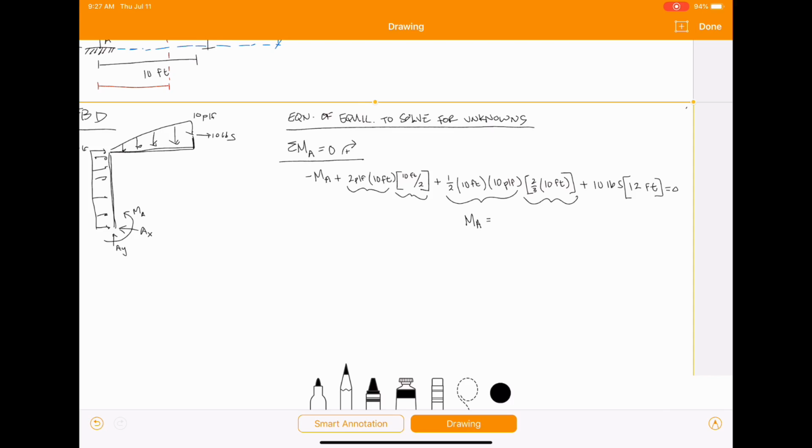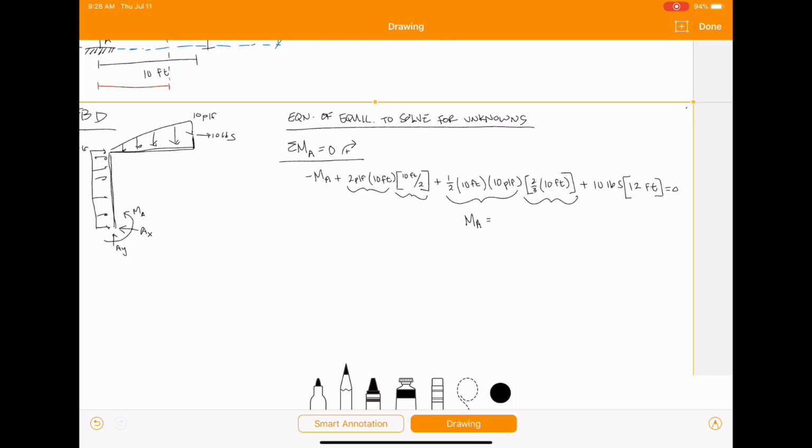You just plug all of that into your calculator. Double check that I plugged that into my calculator correctly. 2 times 10 times 5 plus 5 times 10 times 2 times 10 divided by 3 plus 10 times 12.